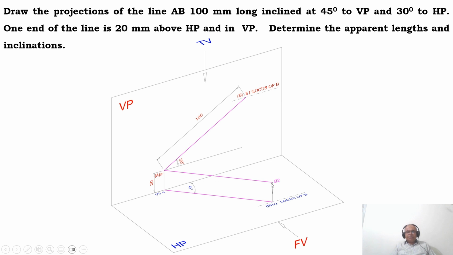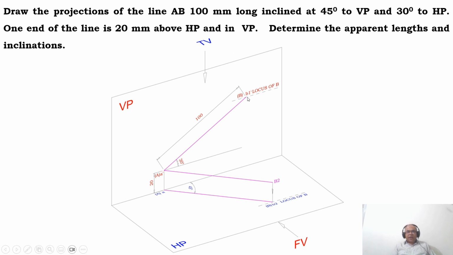And when you look from the top view, that image will fall on the vertical plane. This is a 100 mm line inclined at 45 degrees to VP. This is how you write the first position of your drawing.